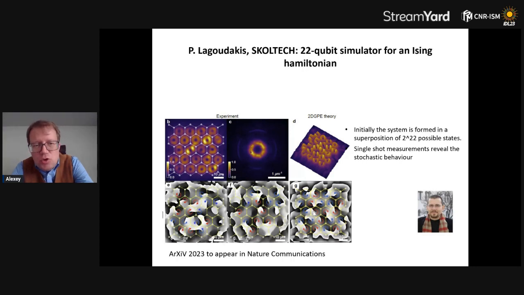So for 22 coupled qubits, it is still within reach of classical supercomputers. The threshold is somewhere at the level of 25. And if we would go beyond 25, then this system would hopefully demonstrate a quantum advantage. So it would find the minimum of a Hamiltonian that is impossible to solve in a reasonable time with a classical supercomputer.